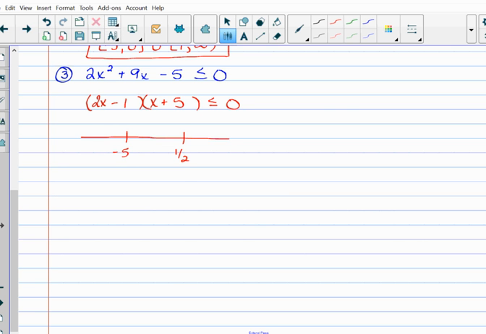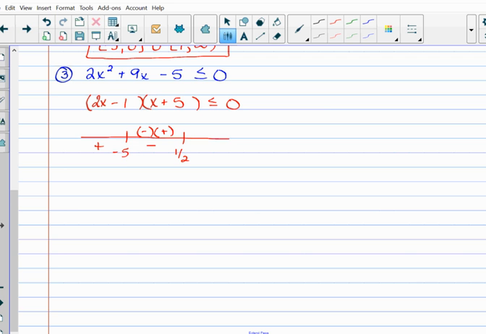I like to test with 0 whenever I can, just because it's really easy to plug in. So if I plug 0 into the first parenthesis, that 2x minus 1, I get a negative. And then 0 plus 5, I get a positive. So overall, is that region positive or negative? Negative. Okay. Do I have any multiplicity going on? No. Okay, so it'll alternate.